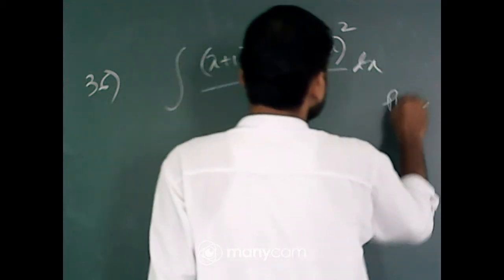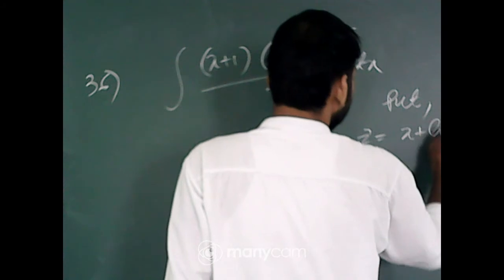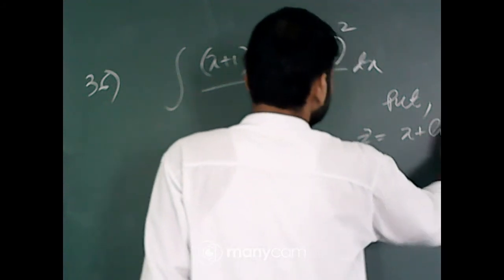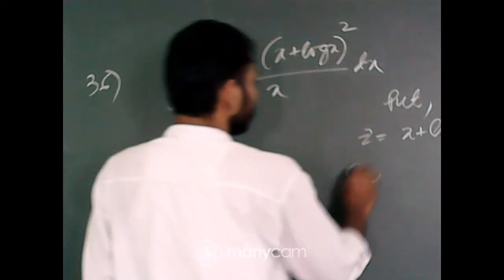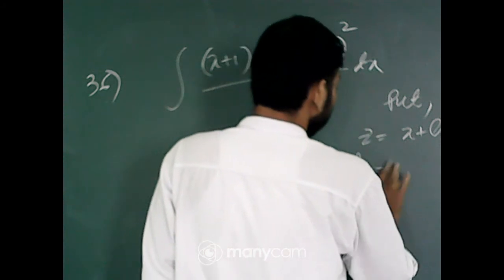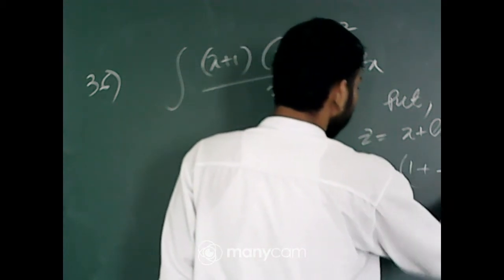Here we will put z equals x plus log x. After doing the differential, dz equals 1 plus 1 by x within the bracket, then dx.